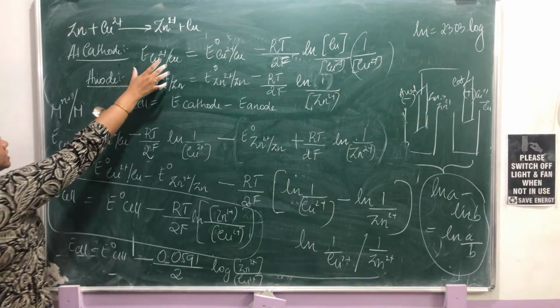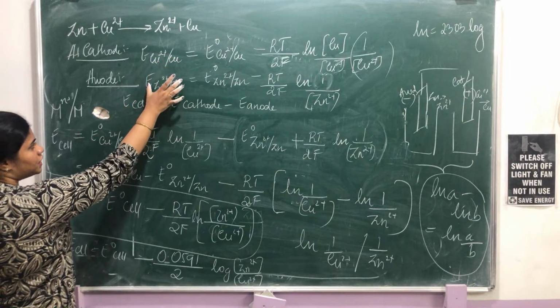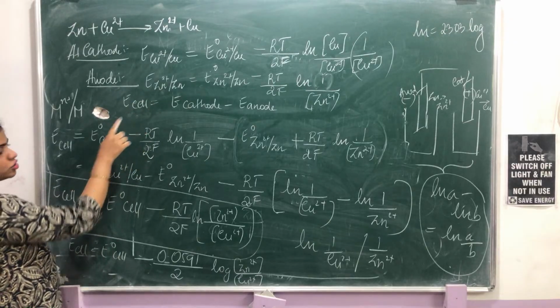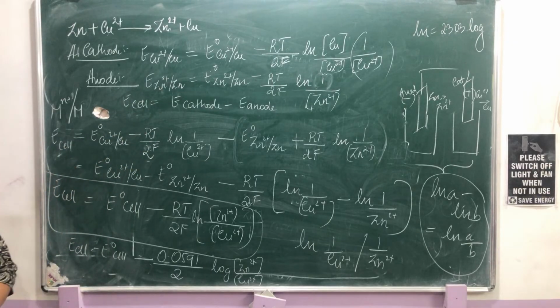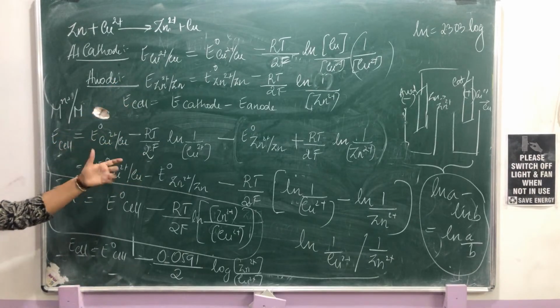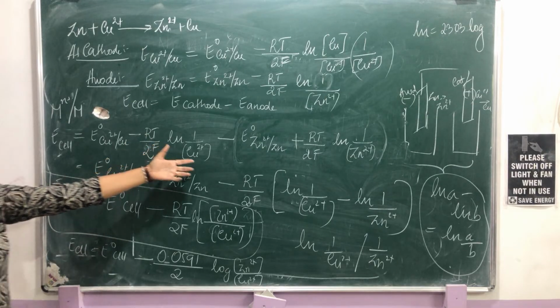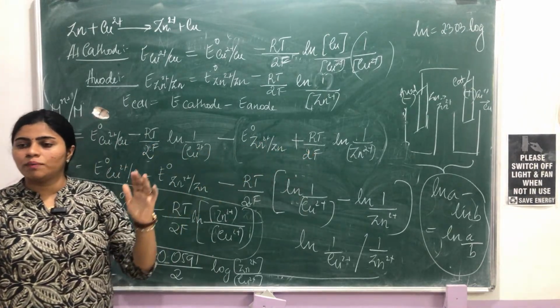Now, E Cu2+|Cu minus E Zn2+|Zn is nothing but your E cell. Now the rest of the things when you subtract, what will you get? E Cu2+|Cu minus RT by 2F minus the whole thing. Now who will you club together?